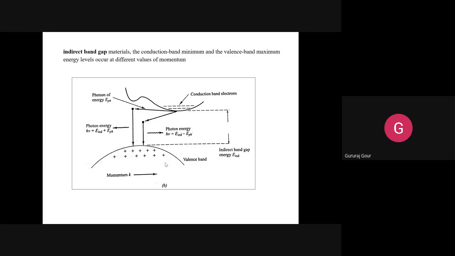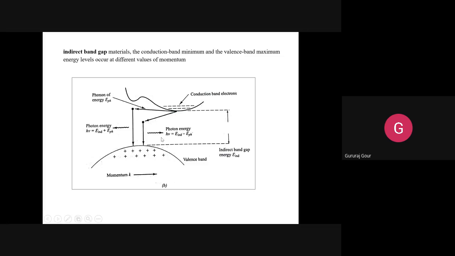That is the direct band gap energy. But here in this indirect band gap, because of the difference in the momentum, the momentum will be different, which will be responsible for the release of photon radiation on the right hand side and the left hand side, as it is visible in this figure.